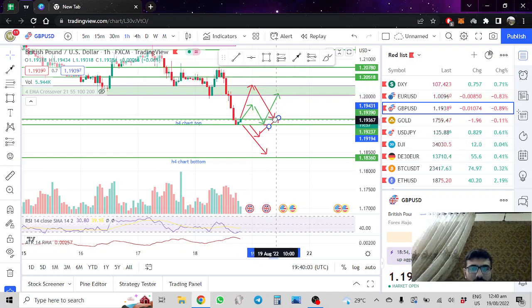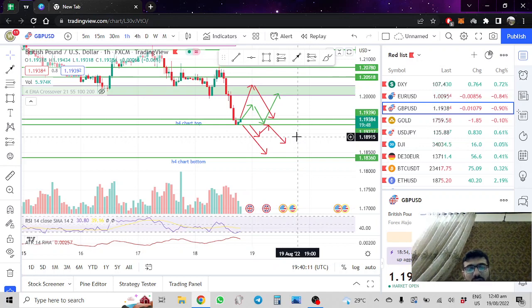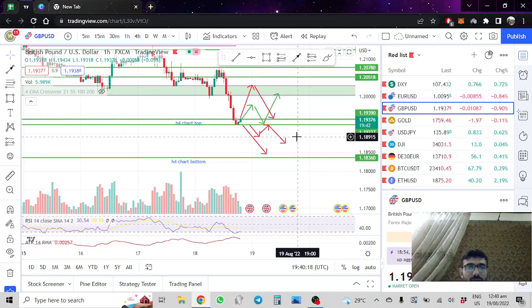So these are four scenarios that I have given to you guys. Whichever scenario comes into play first, you have to figure it out for yourself and trade accordingly.